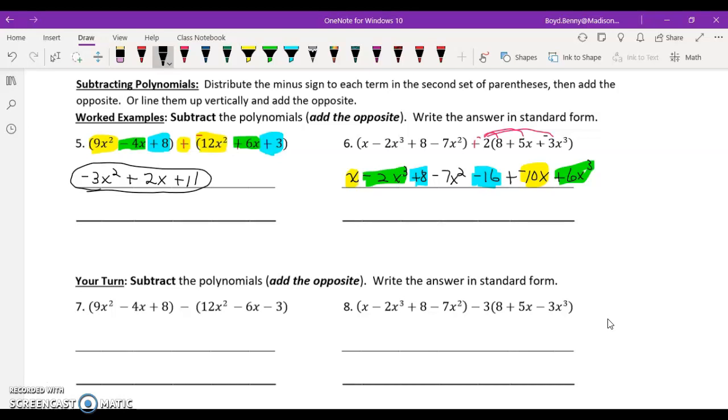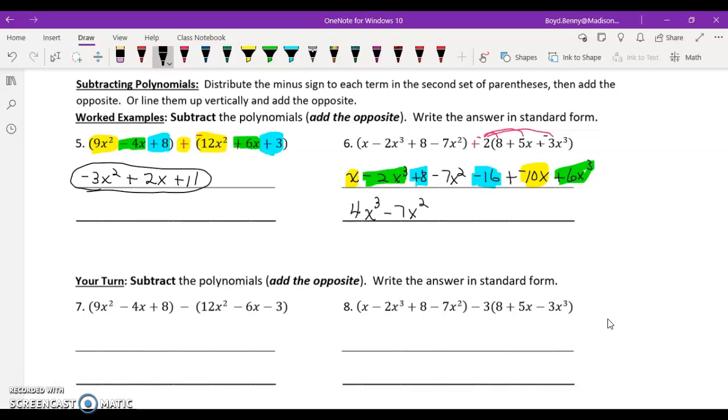All right, so I'm going to start with my highest degree term. That's my degree 3 here, my power of 3. So negative 2 plus 6 is going to give me a 4x to the third. Next, I'm going to move on to my squared term, or power of 2. There's nothing to combine that with, so I'll just copy that down.